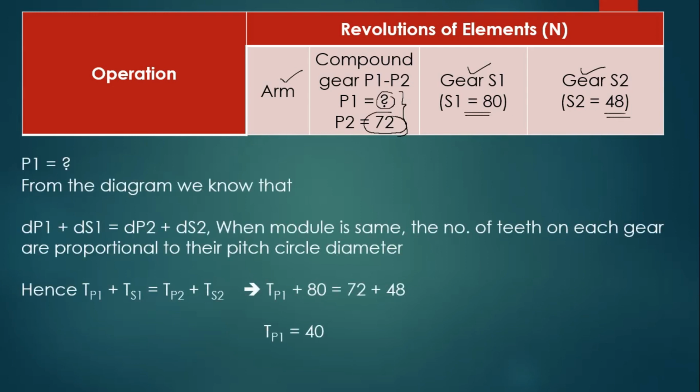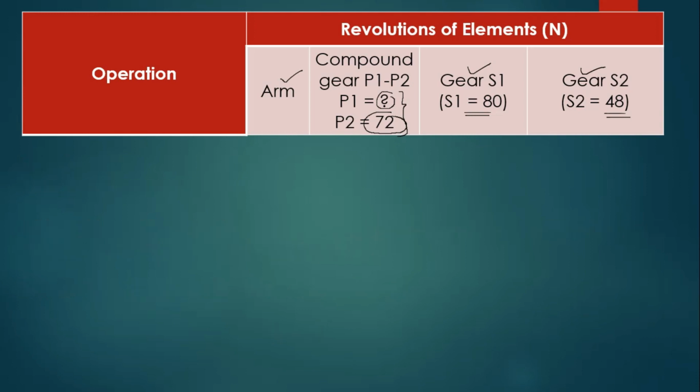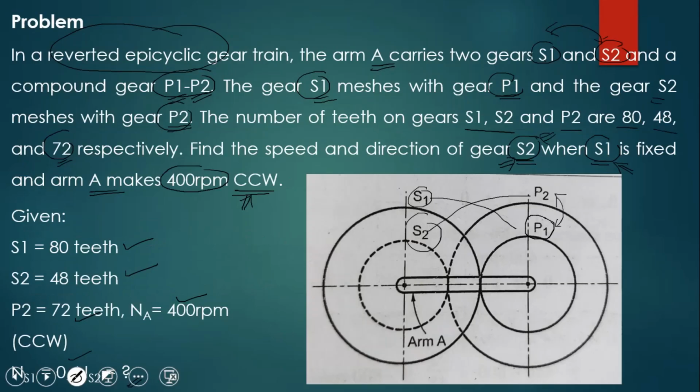From the diagram we know that the center distances are equal. For example, this is O1 and this is O2. The gears S1, S2 rotate with respect to the axis O1 and the gears P1, P2 rotate with respect to O2.